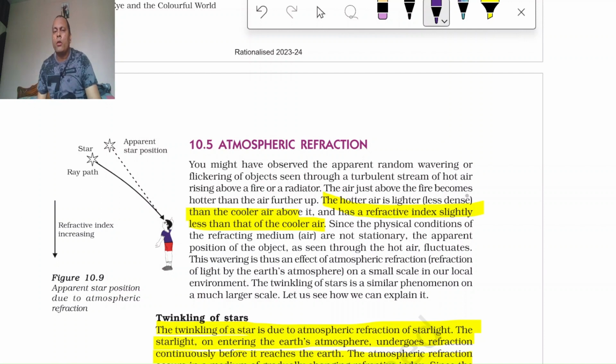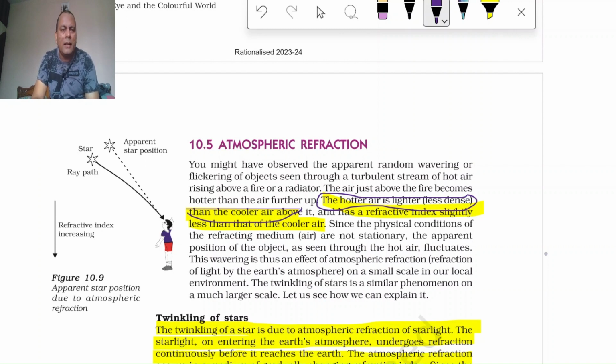The flickering you can see just above the fire is due to the hotter air, and its refractive index is slightly less. So the hotter air has a lower refractive index compared to the cooler air.